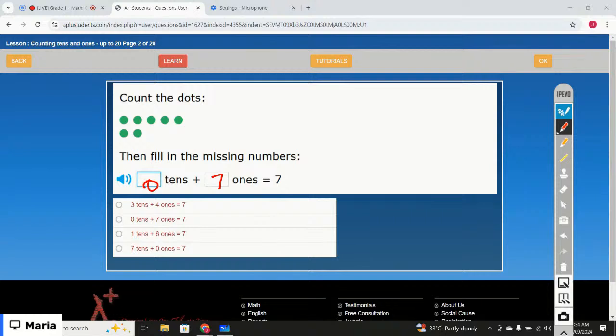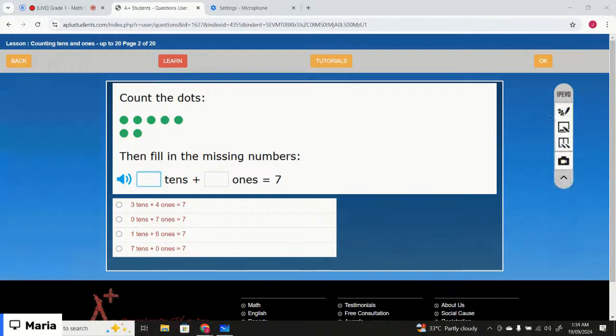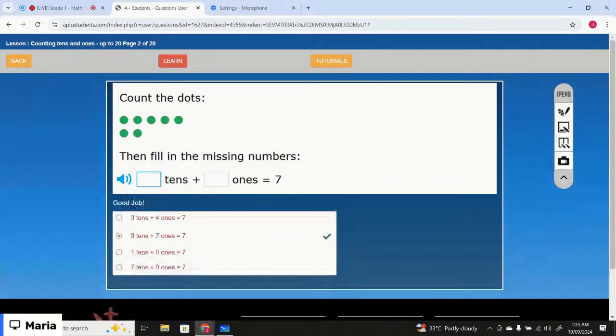So the correct option is 0 tens and 7 ones. Option number 2 is the correct option, right?